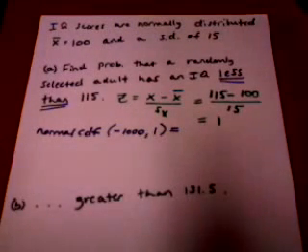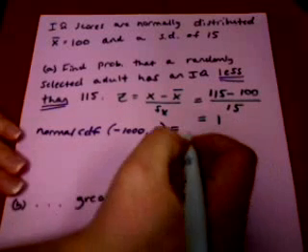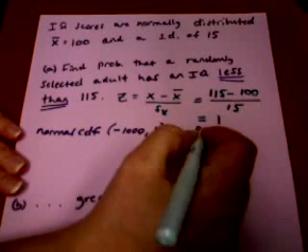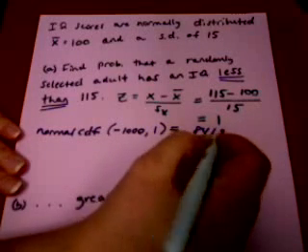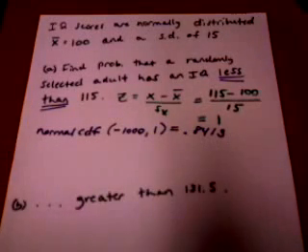Now remember, when you type this in, you're going to go to second VARS, which is your distributions, and normal CDF is number 2, and then you just type in negative 1,000, comma 1. And as a decimal, you're going to get 0.8413. So it's about 84% that if you pick one person, that person's going to have an IQ less than 115. It's a pretty high percentage.